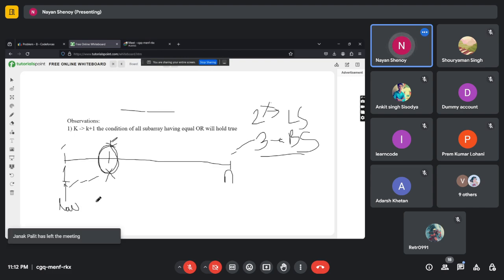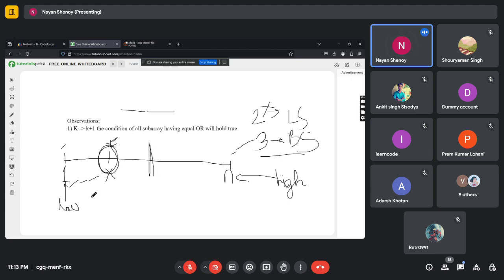This is our low and this is our high. Now let's say our mid is somewhere here. Okay. Now what this mid is telling is this should be the length of my subarray.